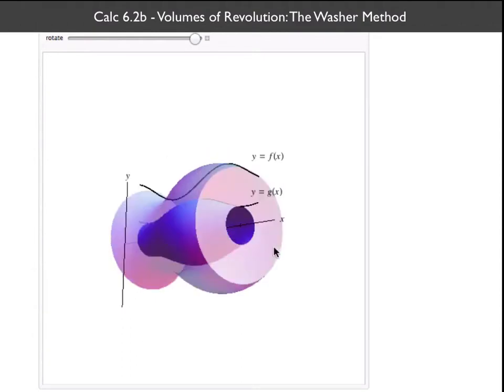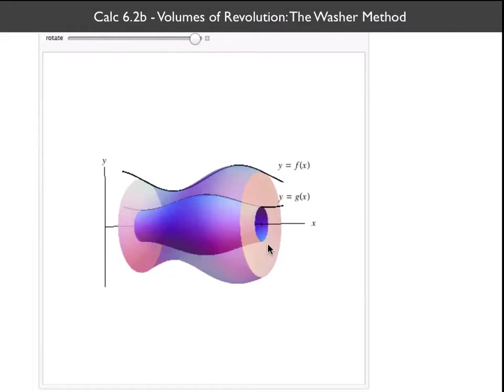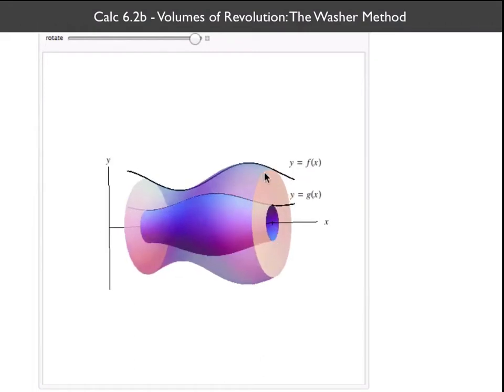If we make this transparent, you can see it a little bit better as well. Basically, we need to find the volume of just the solid portion.